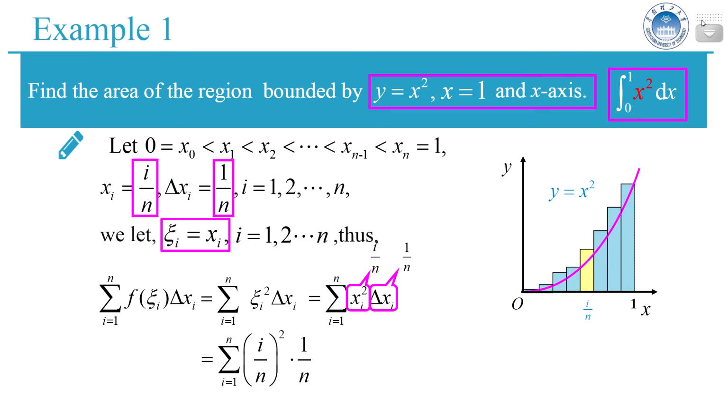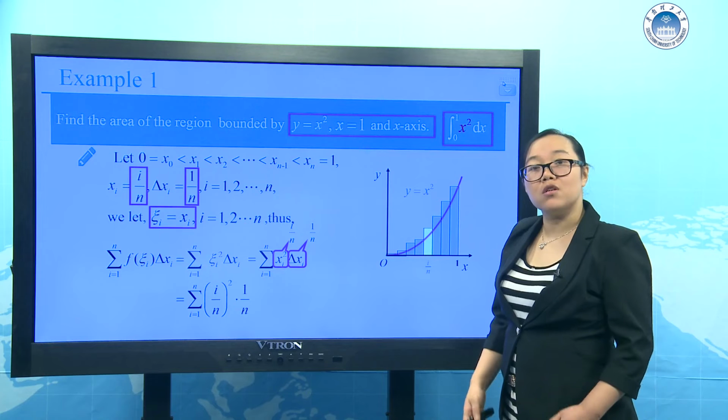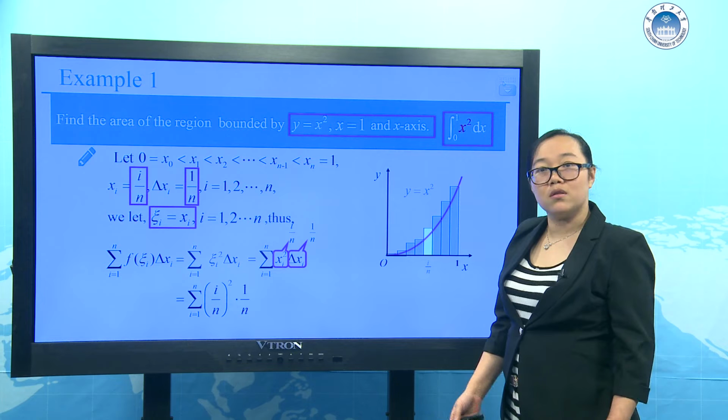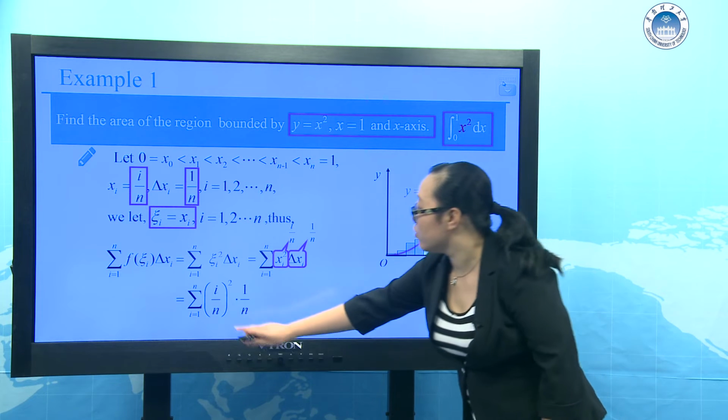the summation from i equals 1 to n of (i over n) squared times 1 over n. Pay attention to the summation formula: n is fixed. What is changeable? i. Pay attention to i.